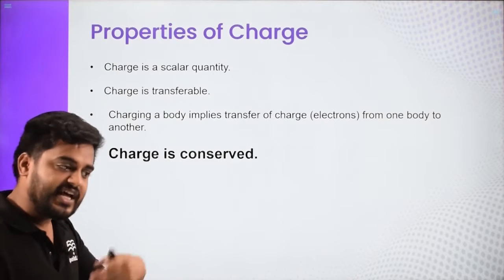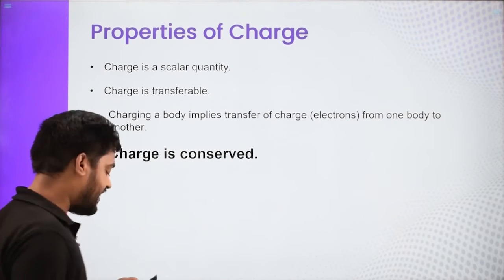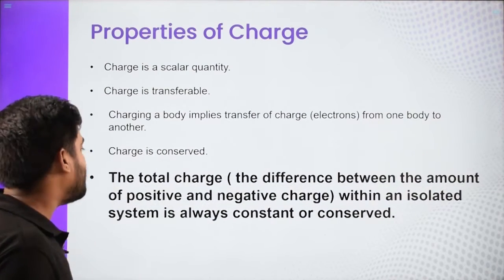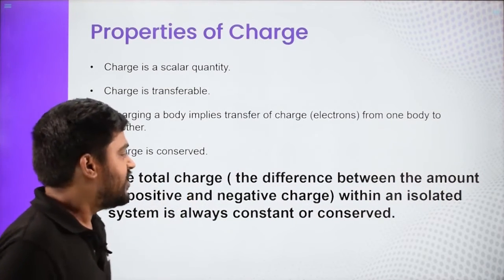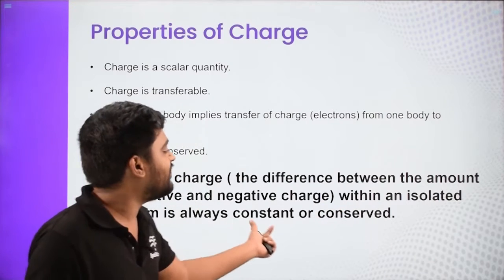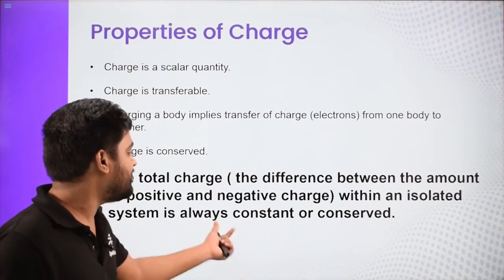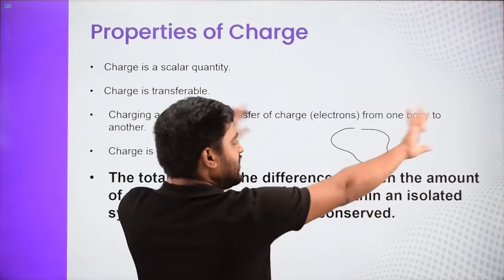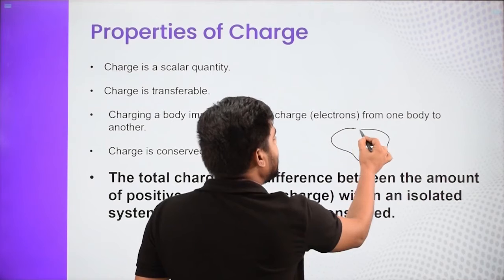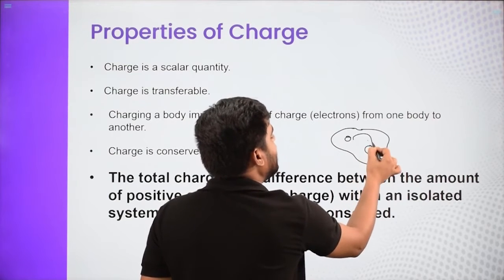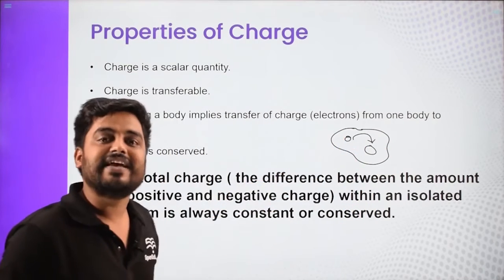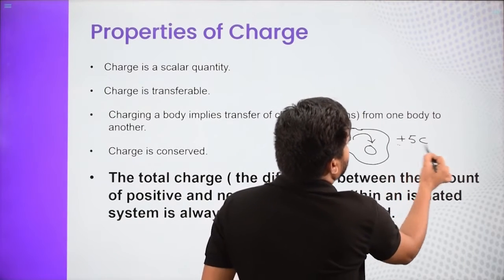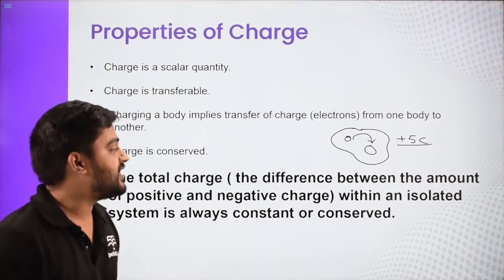So charge can be transferred, but it cannot be destroyed, hence it remains conserved. From this we can say the total charge within an isolated system is always constant or conserved. If we talk about a system isolated from its surroundings, it might transfer charge from one object to another, but the overall charge remains the same. If the overall charge is, let's say, plus 5 coulomb, then it will always remain plus 5 coulomb.